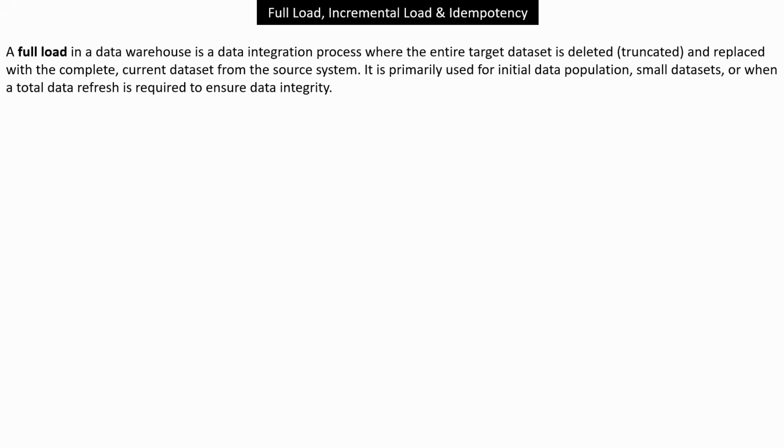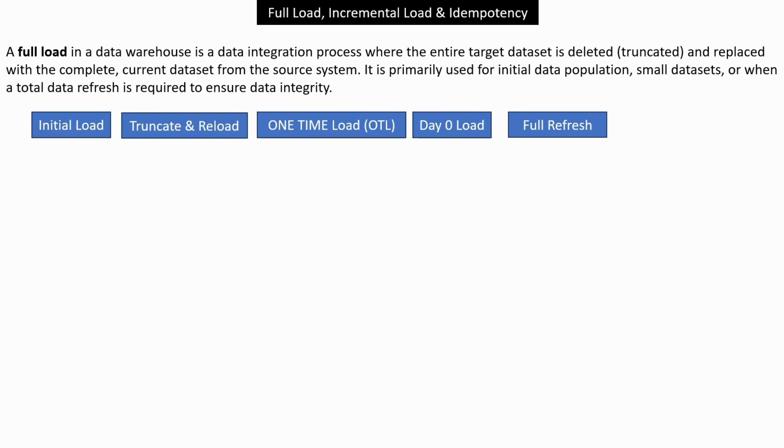It is primarily useful for your initial data population where you are going to feed all the historical data into the table, and it is also referred to as a total data refresh, and it is required to ensure data integrity. Full load is also referred to as initial load, truncate and reload, one time load, day zero load, or full refresh. These are all synonyms for full load.